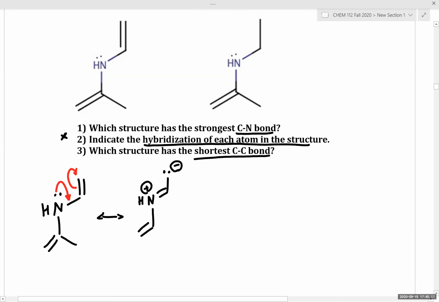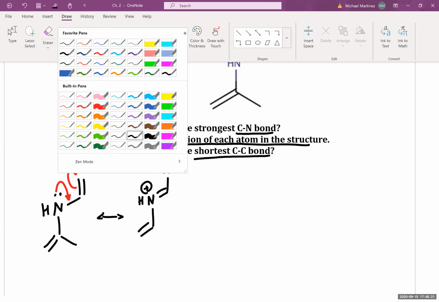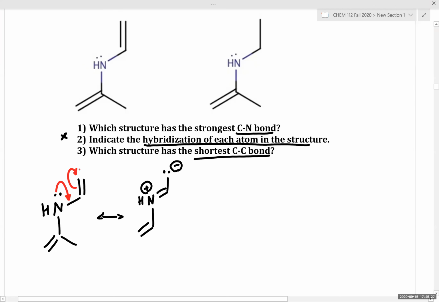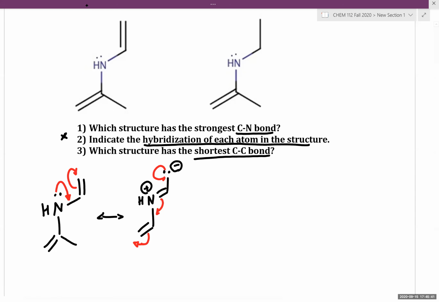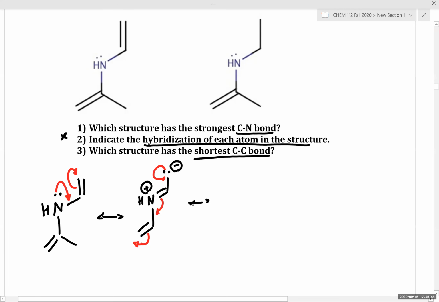Notice we move our electron density from the region that's electron rich, from our lone pair, and we delocalize it through our pi system or pi bond. Likewise, starting from our lone pair, we can kick our electron density across our pi system and generate the following resonance structure.